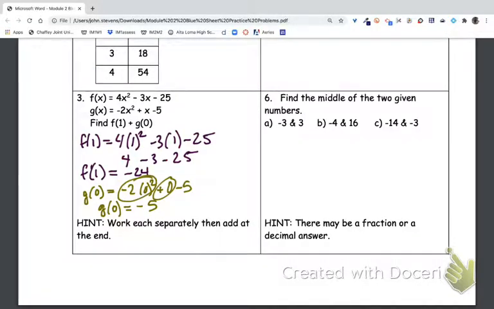So now the prompt was to find f of 1 plus g of 0. We know that f of 1 is negative 24. We know that g of 0 is negative 5. So now we are looking to find negative 24 minus 5 gives me a negative 29.